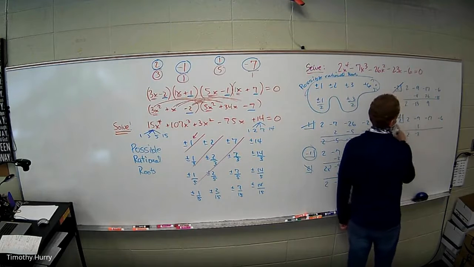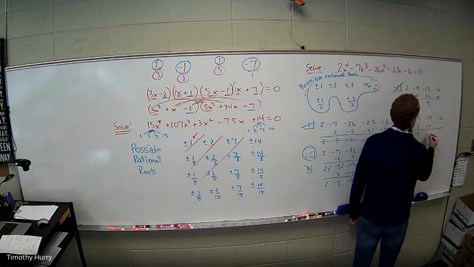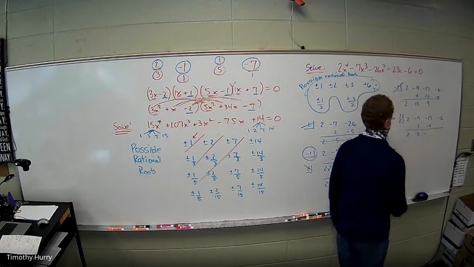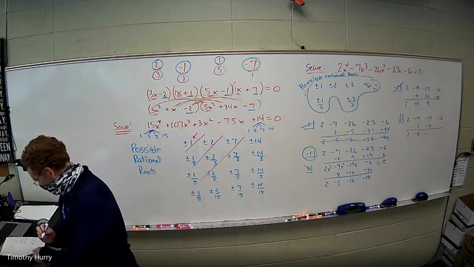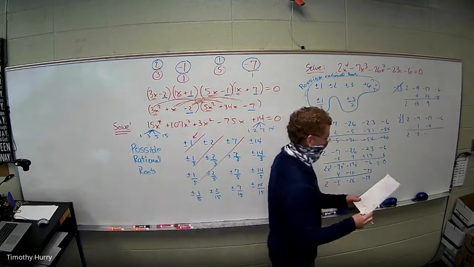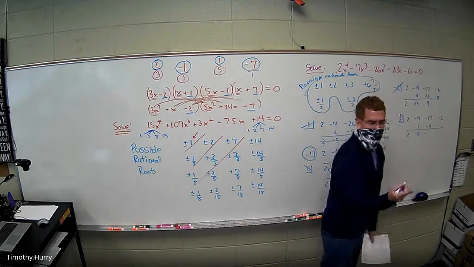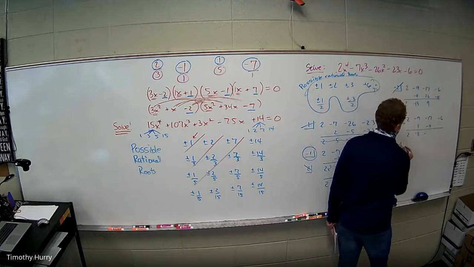Hold on. 2, 1, negative 8. Negative 4. Wait a minute. That doesn't work. Hold on. Did this work? Am I using the right one? Oh, no. 1/2 does not work. Well, we just checked it. It's not working. So then we go back and we check negative 1/2.